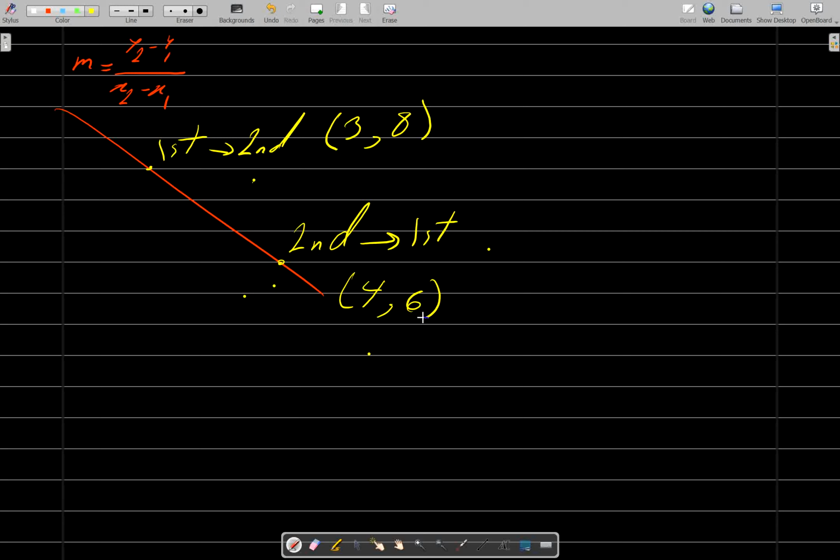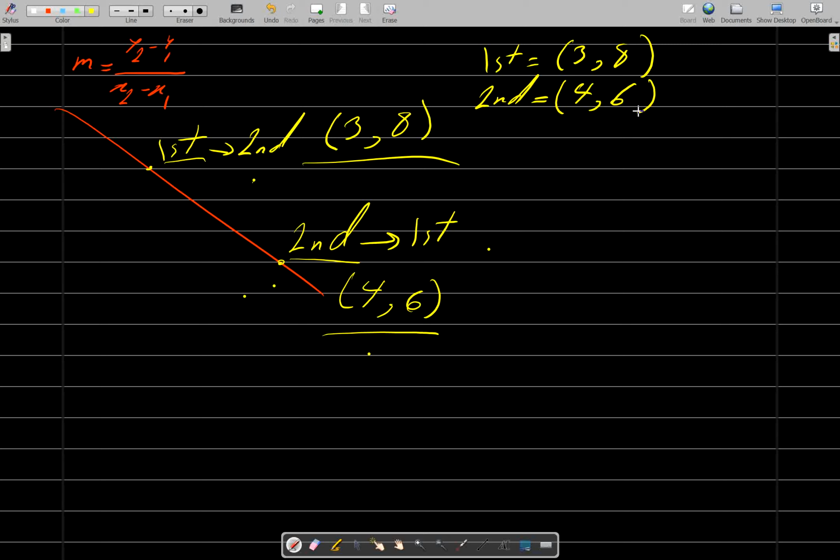so 4 and 6. As you can see, we have a second line with this equation and the first line with this equation. So I'm going to write it down again. Our first is equal to 3 and 8, and our second is equal to 4 and 6, as you can see here.